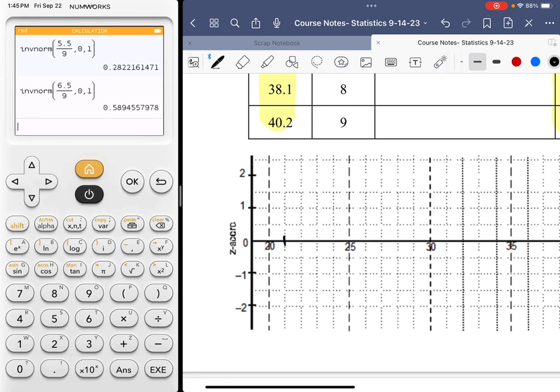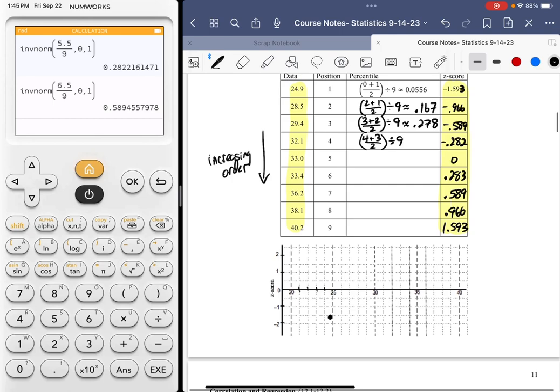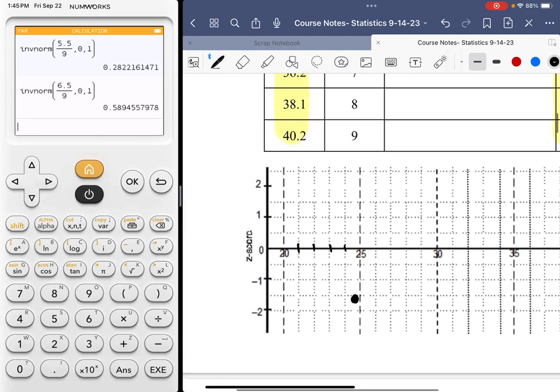So this is 21, 22, 23, 24. So 24.9, and then about a negative 1.6, roughly. Then 28.5 and a little bit shy of negative 1. So here's 28, 28.5, a little bit shy of negative 1, put me about right there.